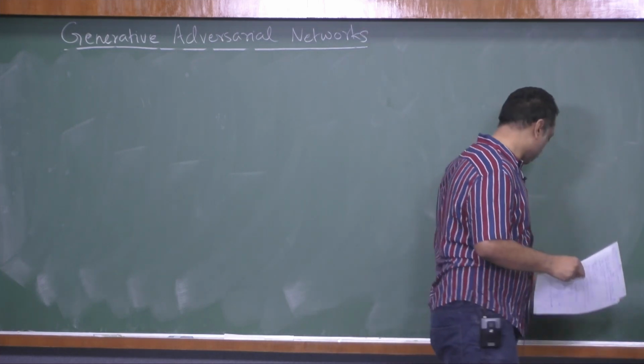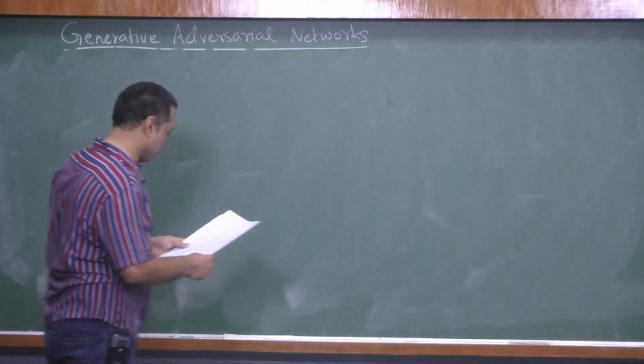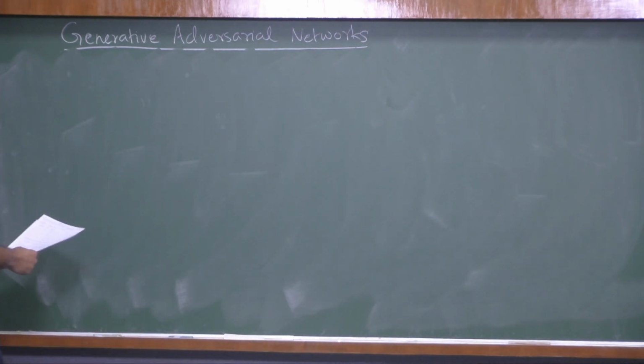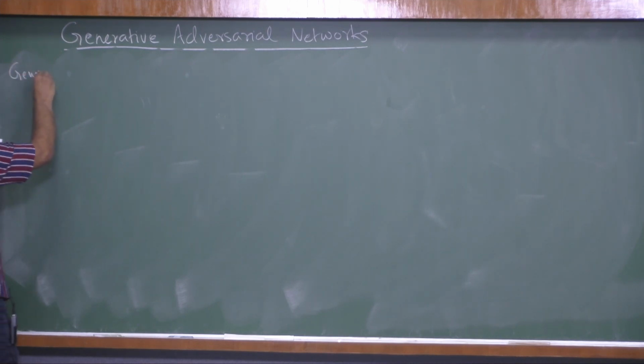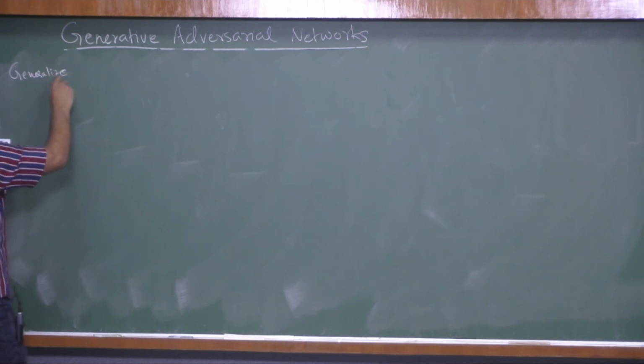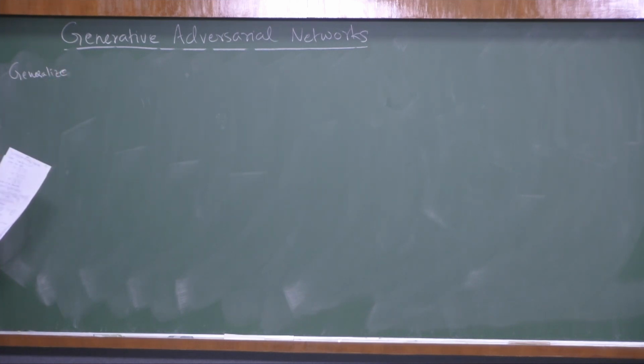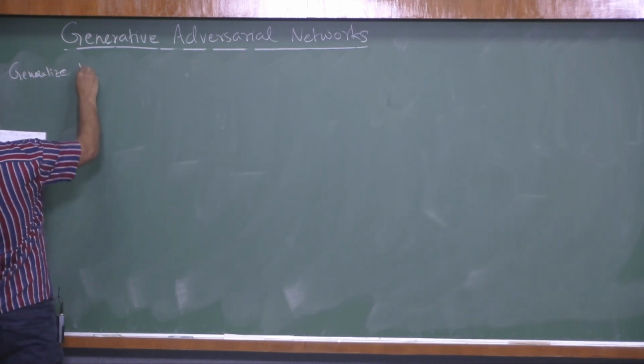So the next topic is we will generalize KL divergence, to get some key ideas. By key idea I mean go to the variational approach idea, which is a practical idea.